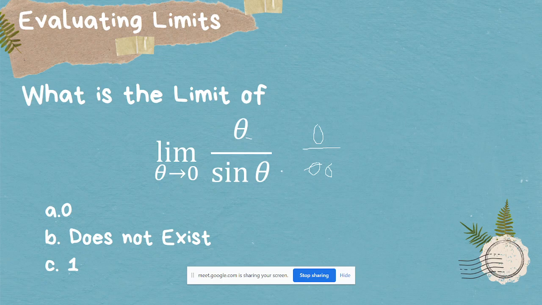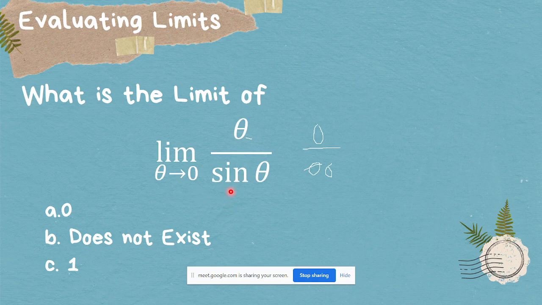Now, try it in your notebook first, so we can explore the answer for this one. Because if we replace sine theta by another trigonometric identity, 1 over cosecant theta, there is still no answer, right?